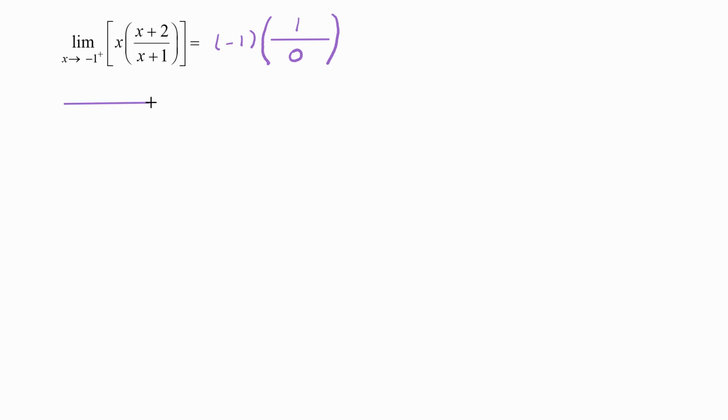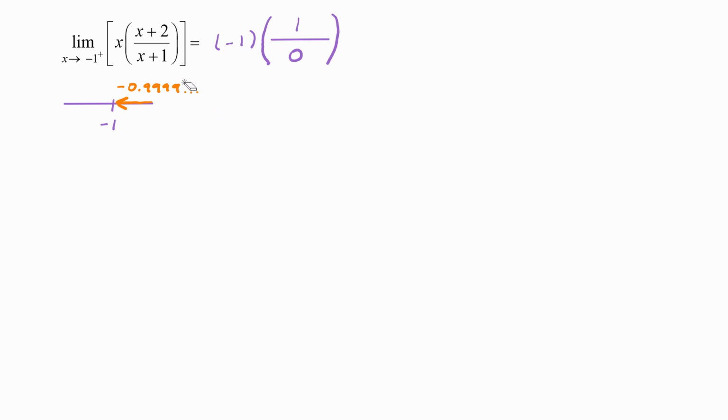Let's make the number line, put a -1 on there, and we will be coming in to -1 from the right. So that means we are thinking -0.9999999, on and on and on.